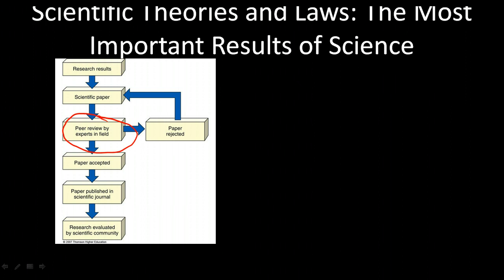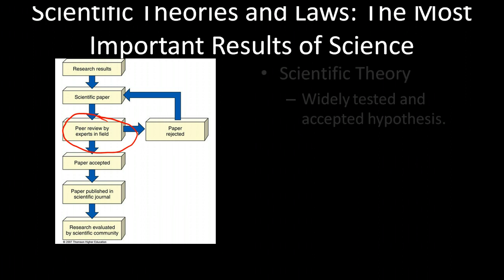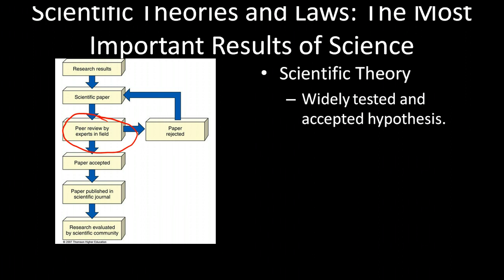And hopefully for you, your thought would be accepted. Then it moves on from there. And then someone else could test it some years down the road and possibly disprove it. But that's the idea of what we want in science. We want to have information which is as accurate and correct as possible.